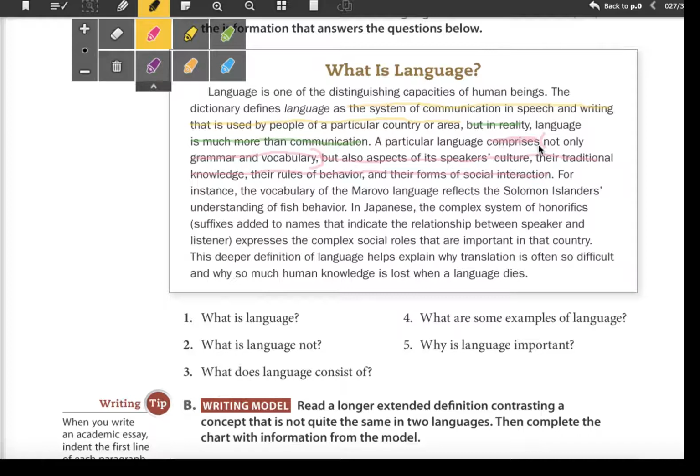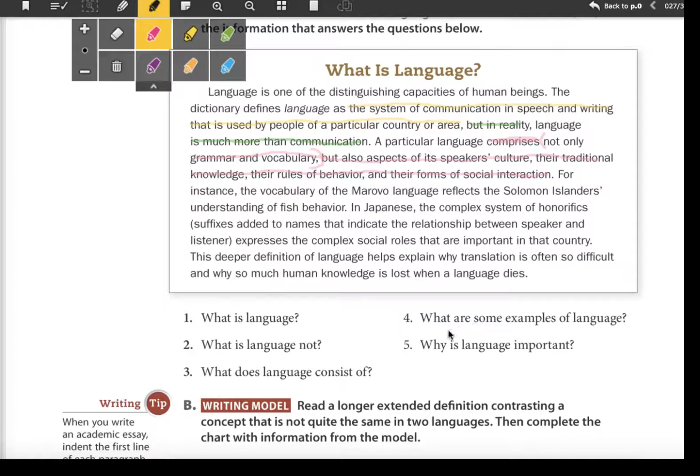You could have actually put this not only grammar and vocabulary, you could have actually put this, what is language not? You could have said language is not just communication, it's not just grammar and vocabulary. Because these negatives here, but in reality, not only, these tell us what something is not. It's not just that, okay?